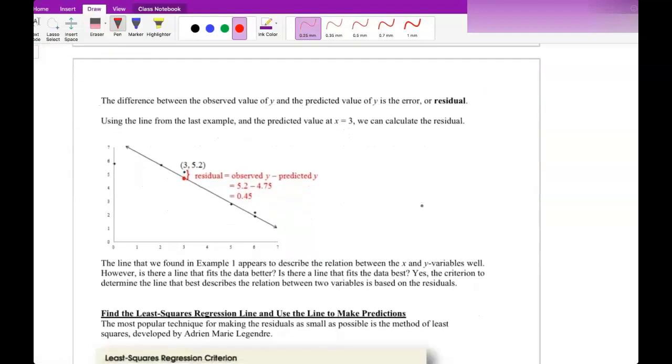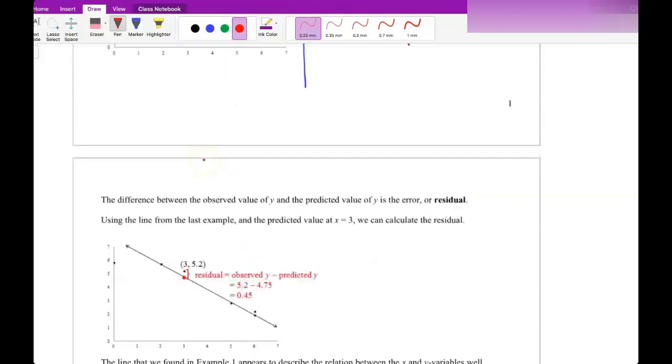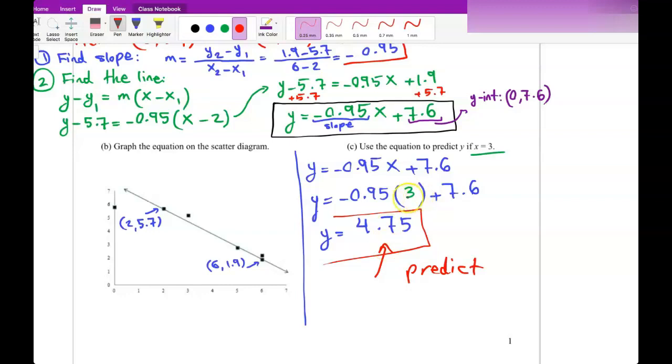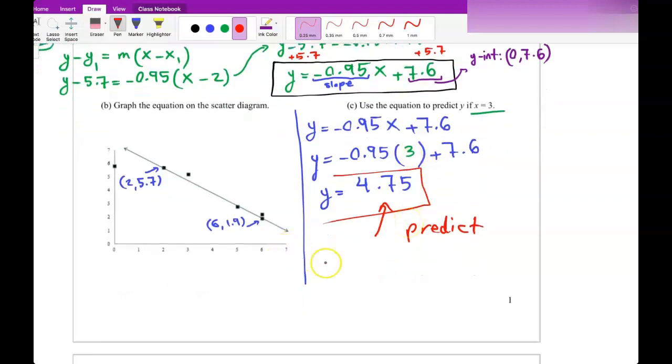Now next page, the difference between the observed value of y and the predicted value of y is the error or residual. What is that? Here we had for x 3 and y 4.75. So this was our point here.